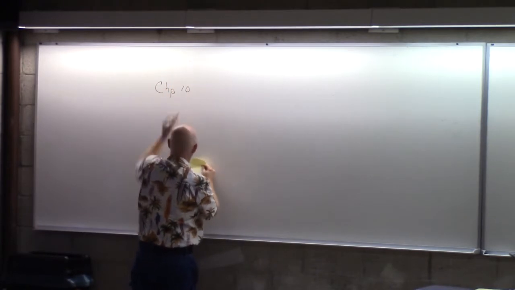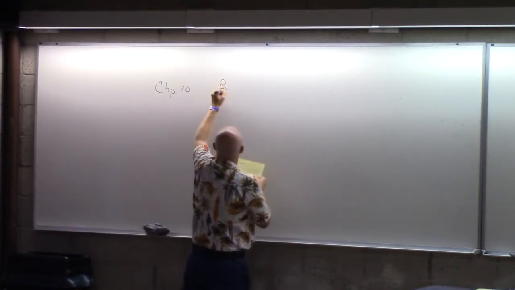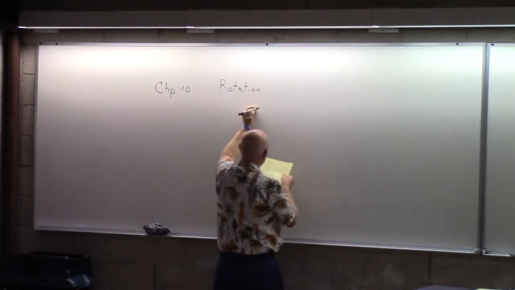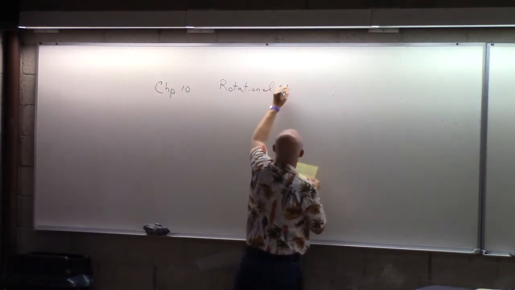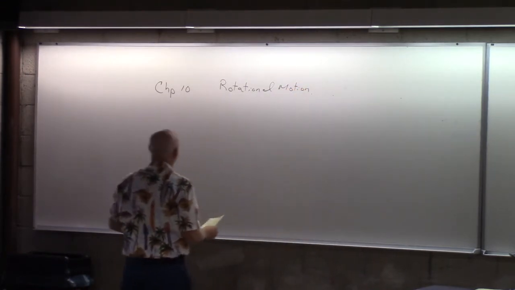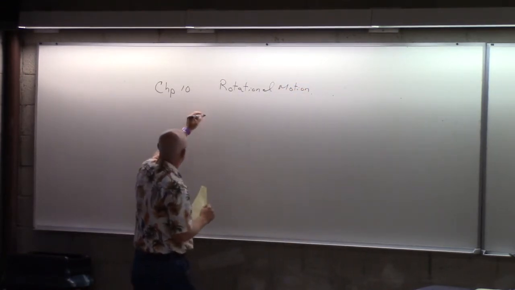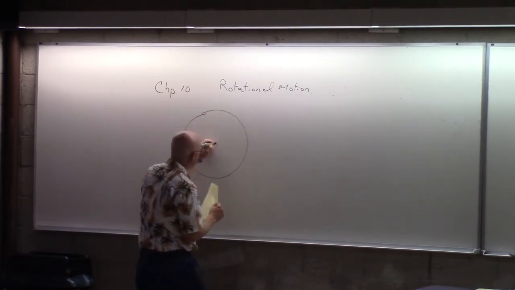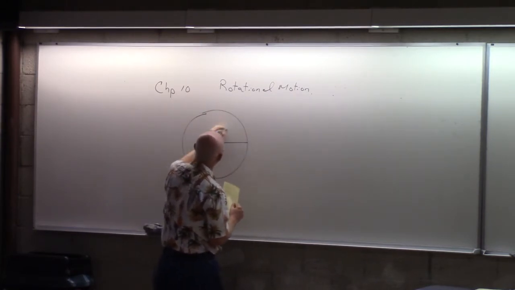All right, so I'll begin by maybe putting here on the board that where we are here is chapter 10. As I just said, we are going to then be studying rotational motion. And probably the best way to begin is to go back to a picture that you've already seen.